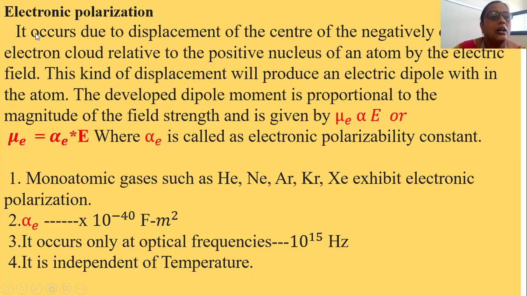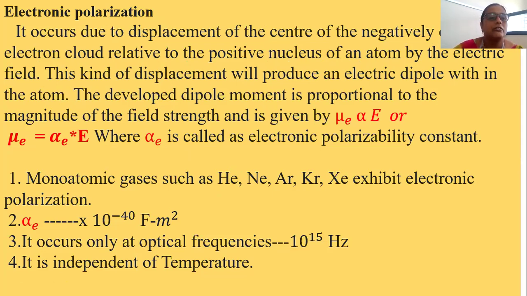The first one, electronic polarization. It occurs due to the displacement of the center of the negatively charged electron cloud relative to the positive nucleus of an atom by an electric field. We know that inside the atom there are positive and negative charges. When we apply the electric field, positive and negative charges will be separated from the nucleus.